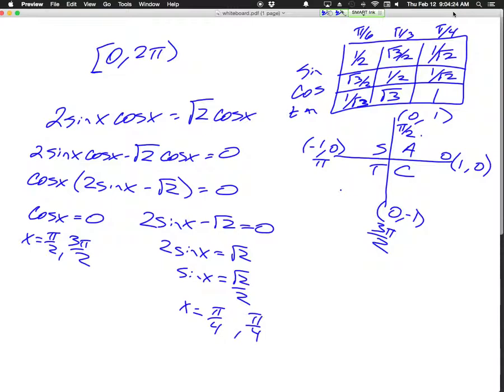Then I just need to figure out what quadrants. And I'm interested when sine is what? Positive. I know everything in quadrant 1 is positive, and since I have an S in quadrant 2, that means sine is positive in quadrant 2. So I want quadrant 1 and quadrant 2. The first one's good for quadrant 1. What do I do to get quadrant 2? 3 pi over 4.